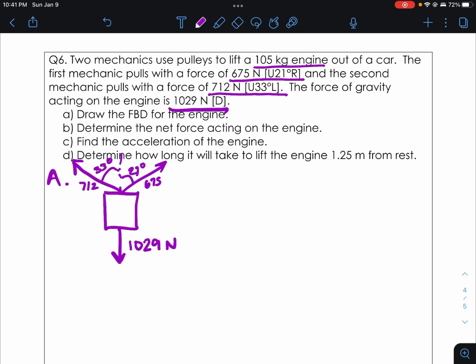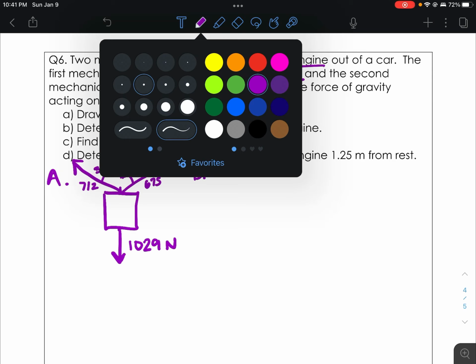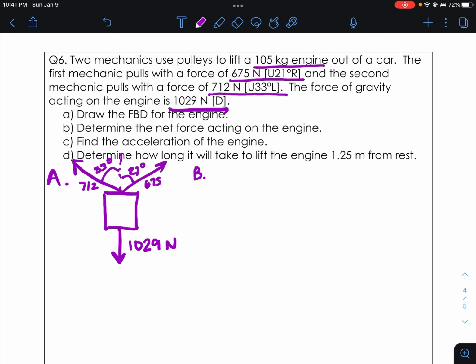So then letter B wants us to determine the net force acting on the engine. Okay, so we know that F net in the x direction is going to be equal to, we'll call this one 1 and this one 2, just because I've decided that to be the case.